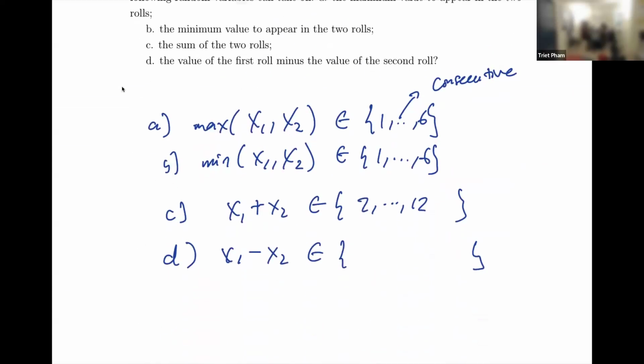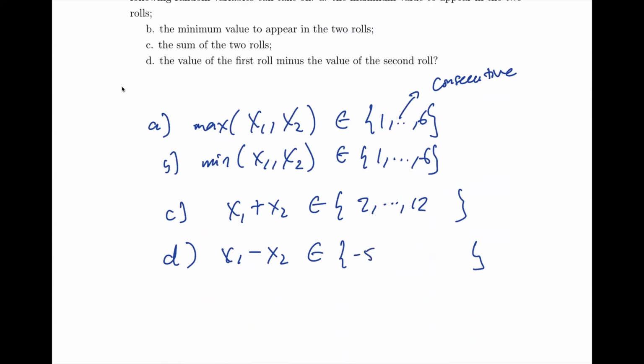Okay. So the difference. What values can it take? -5 to 5. Any special gap? No. That's correct.